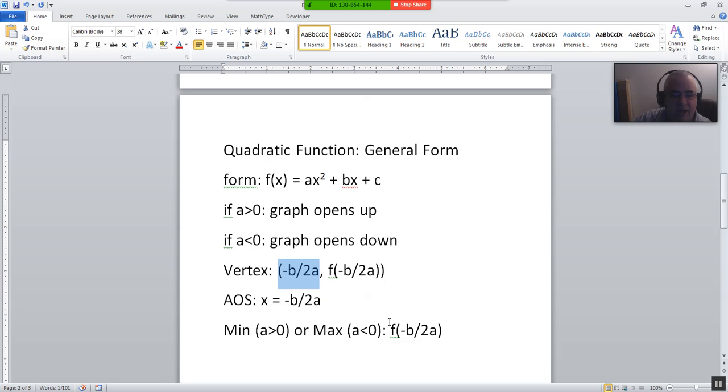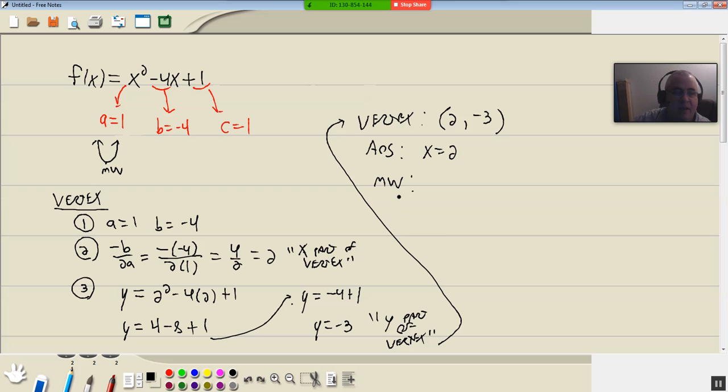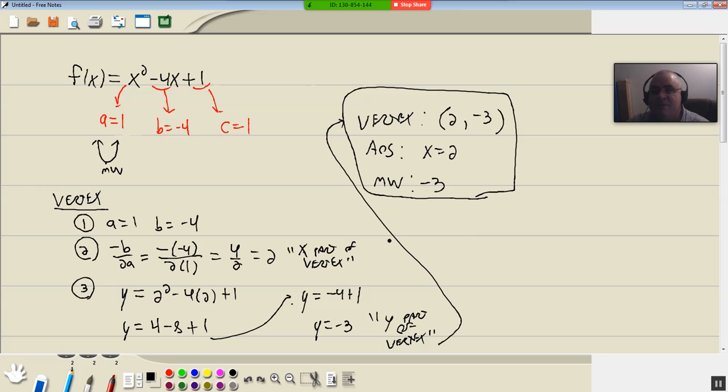And notice what the min looks like. F of negative b over 2a, that matches the y part of the vertex, right there. So our min is going to be equal to negative 3. If you have the vertex, you pretty well have the other two items. And then for the graph, you just plug it in your calculator. Let me just show one more of those.